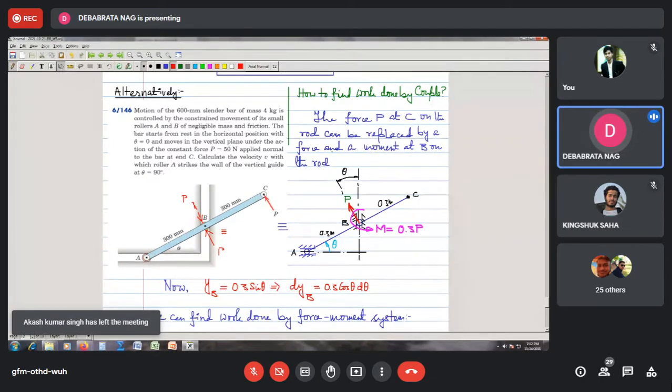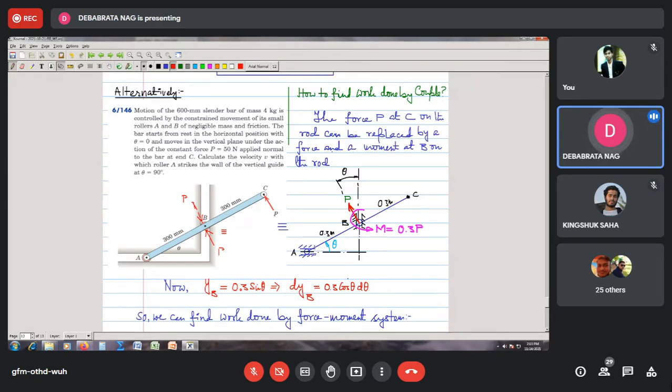Because the displacement of point B will be in the vertical direction and the force component is horizontal. That means force is in perpendicular direction to its displacement, so therefore it is reactive. So I do not have to take into account the work done by P sin theta. I have to only take into account the work done by P cos theta. So that is what I have written. YB becomes equal to 0.3 sin theta.